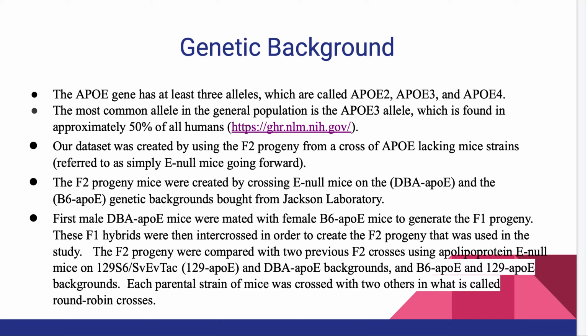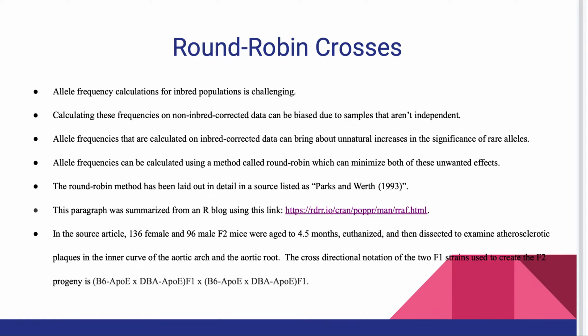The F2 progeny were compared with two previous F2 crosses using apolipoprotein E null mice on the 129S6-SvEvTac or 129 ApoE and DBA ApoE backgrounds, along with the B6 ApoE and 129 ApoE backgrounds. Each parental strain of mice was crossed with two others in what is called round-robin crosses.